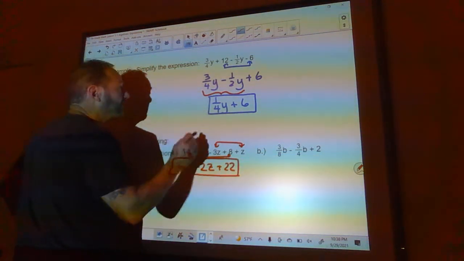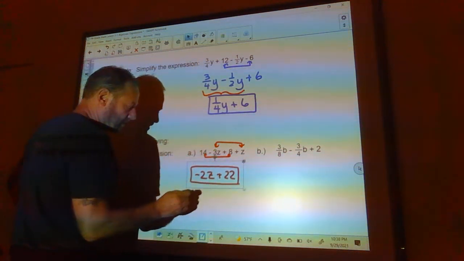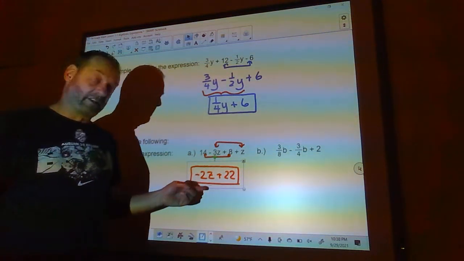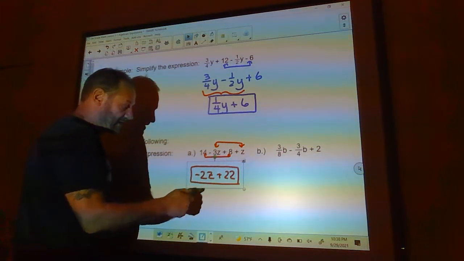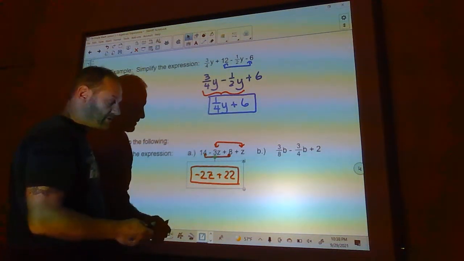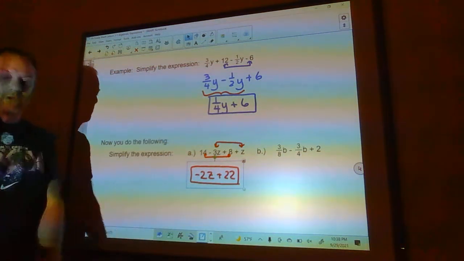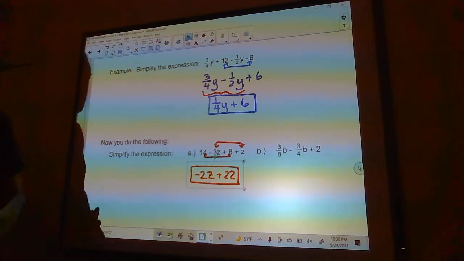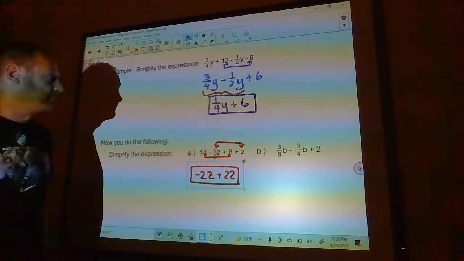Now this is a case, I always tell my math students, always make a z with a slash through it because a lot of people will write on their homework negative 2z plus 22, and then they'll come back and go, oh, that's negative 22 plus 22, answer's 0. And that's not the case. Z's are very easily misinterpreted as 2's, so make sure you put that slash through there.